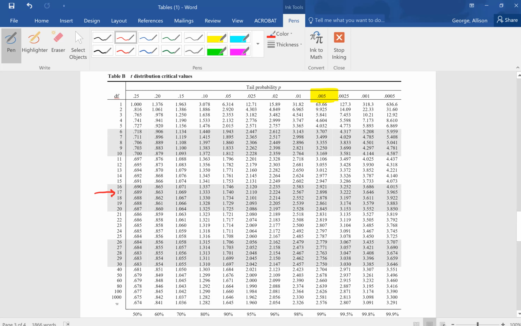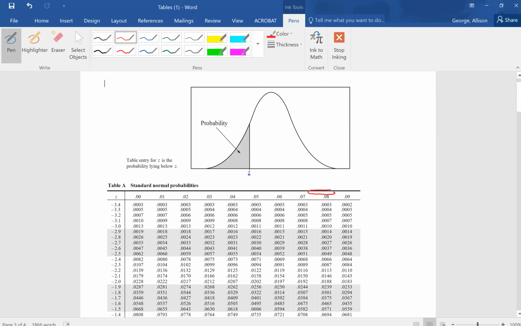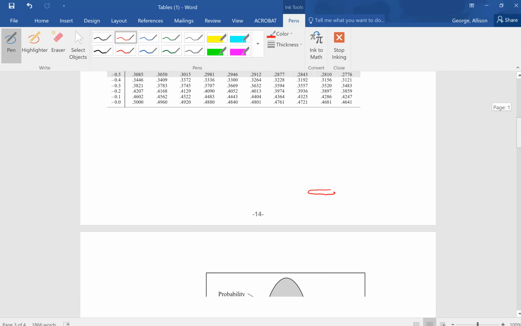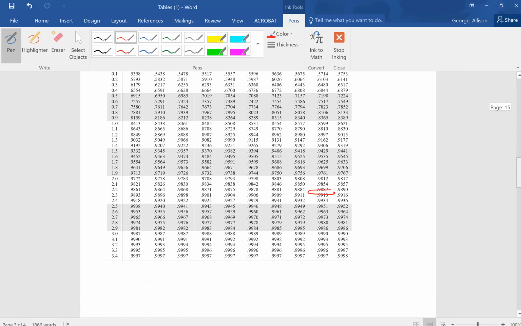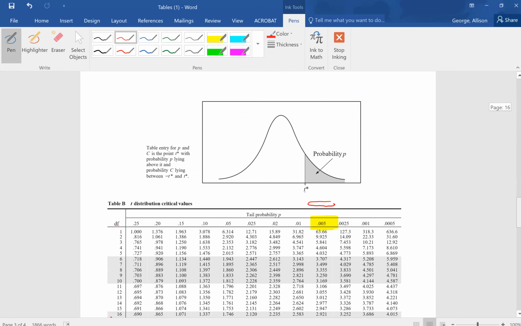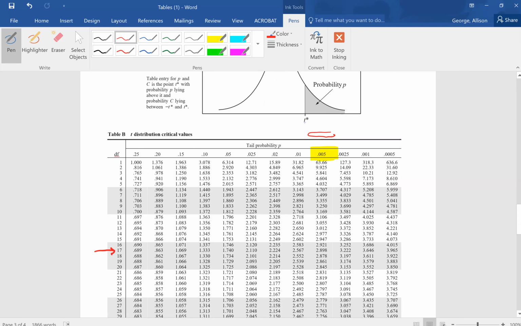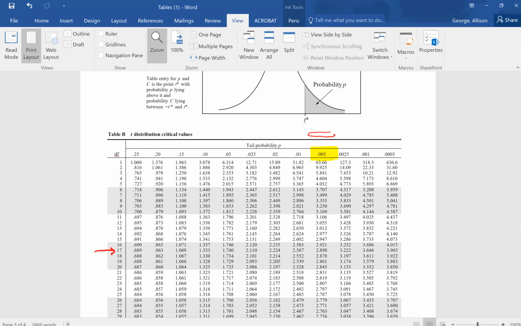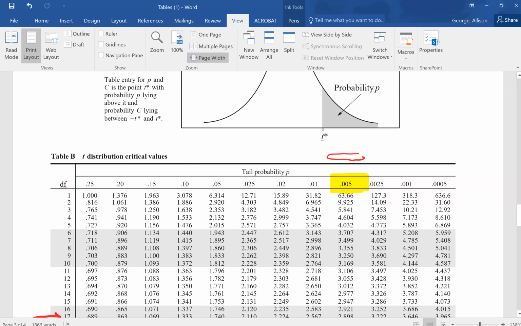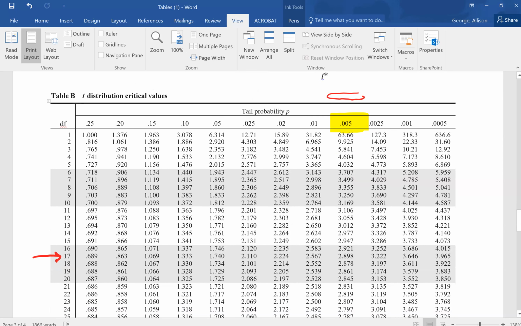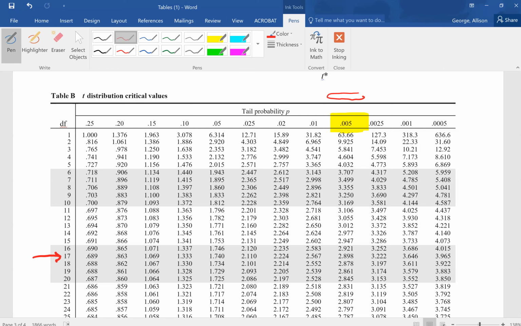So I'm going to go across till they match, and I'm going to get 2.898. Right there. Okay, so that's what we're looking for.